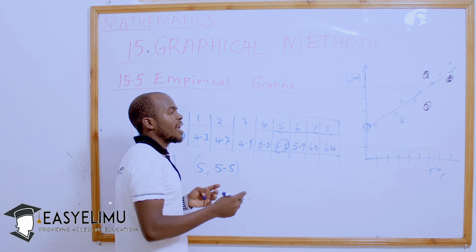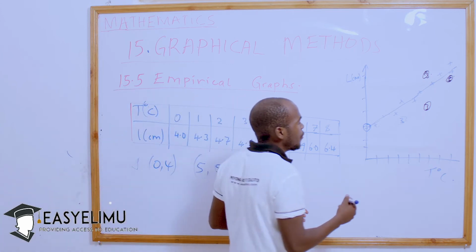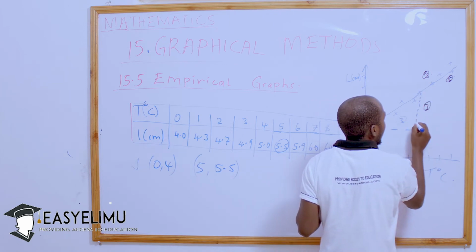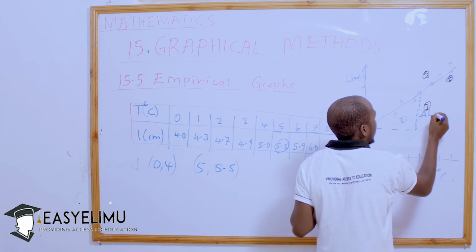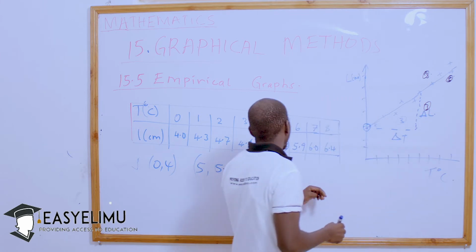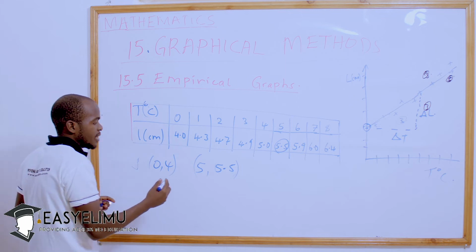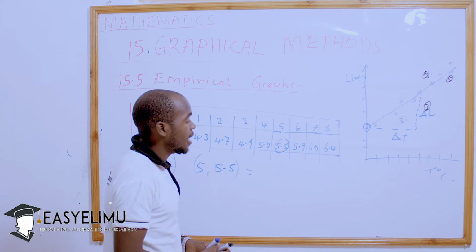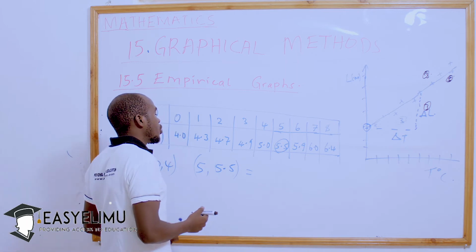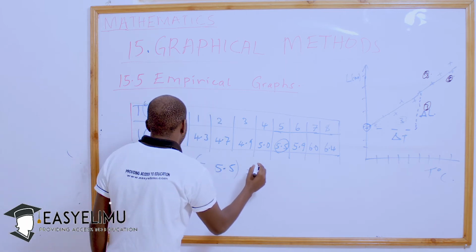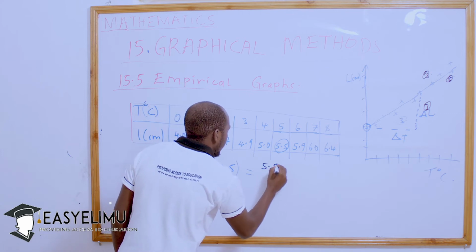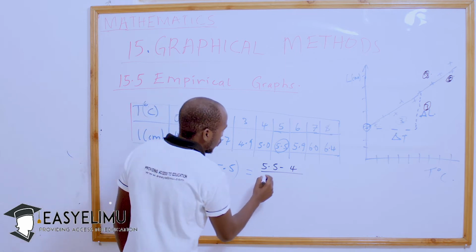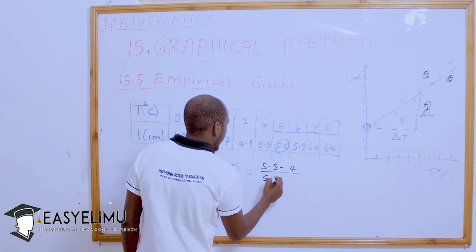If you want the gradient of that graph, assuming these are the points I'm mentioning, we can find the gradient by taking the change in L over the change in T. The change in L, which is the length of the metal rod, will be given by 5.5 minus 4, over the change in T, which is 5 minus 0.